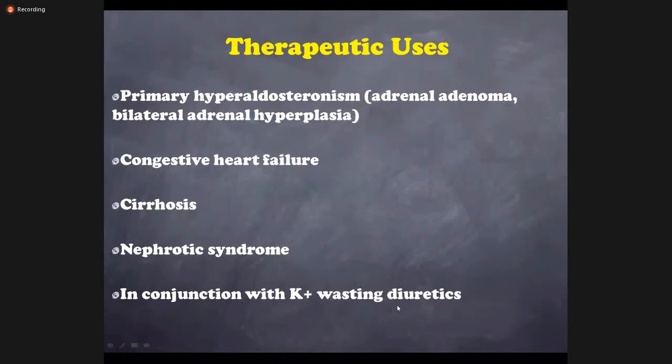That means sometimes we require a powerful diuretic like a loop diuretic, and we know loop diuretics also lose potassium. So in that situation, we can add a potassium sparing diuretic along with the potassium wasting diuretic to compensate.